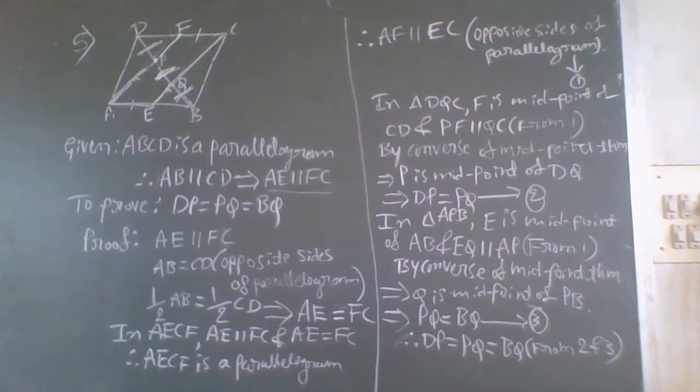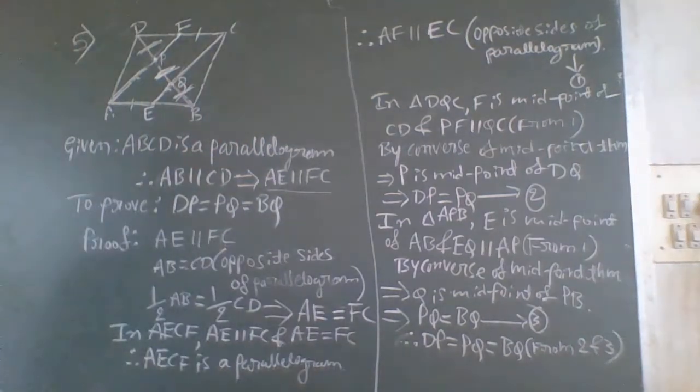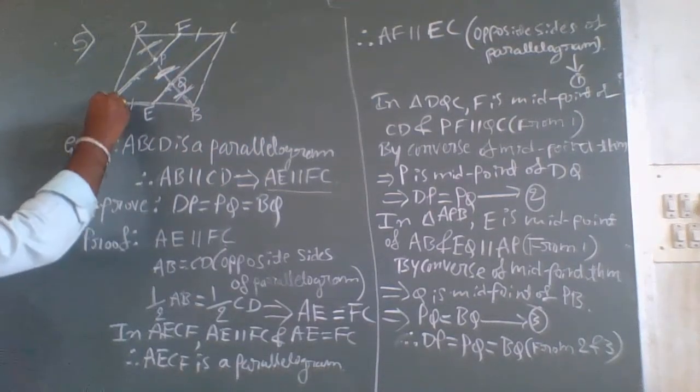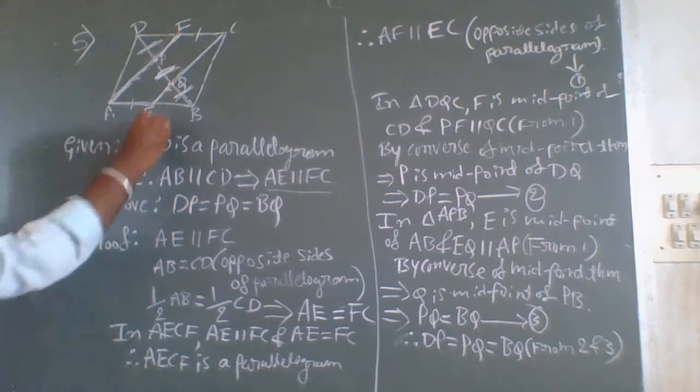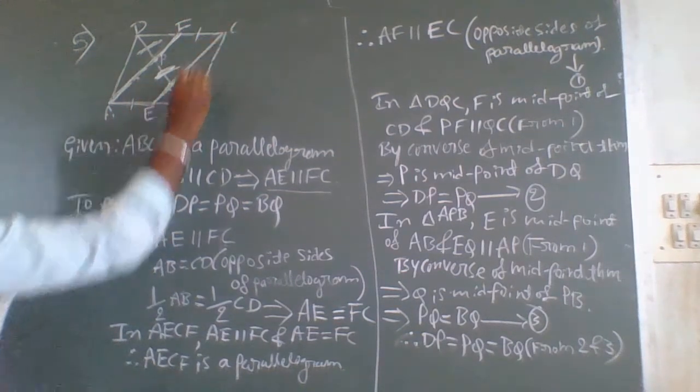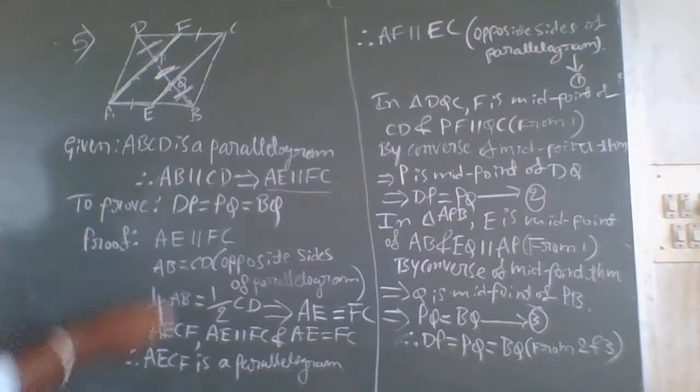Below this, you should write DP is equal to PQ is equal to BQ. These two lines, segments AF and EC, trisect, which means they divide this side into 3 equal parts.